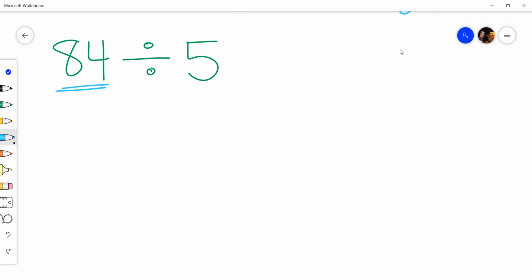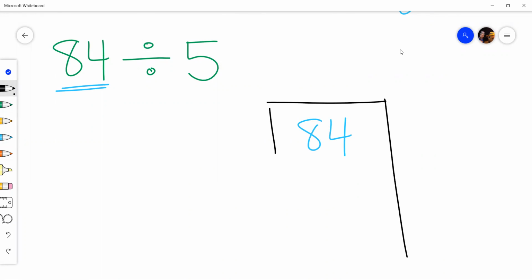So that means 84, and then this graphic organizer that some people call a big 7. And remember what we're thinking about is, how many groups of 5 can we make with the number 84?